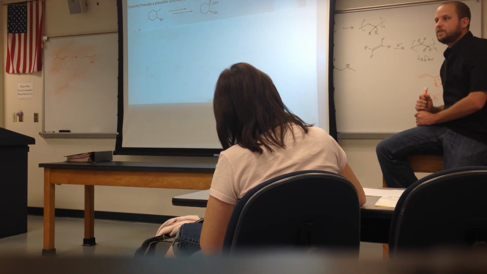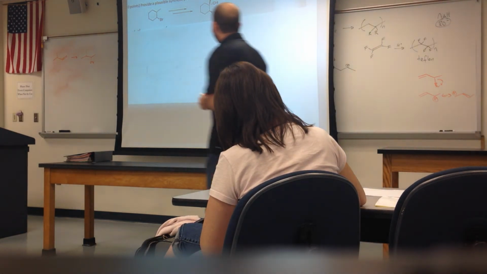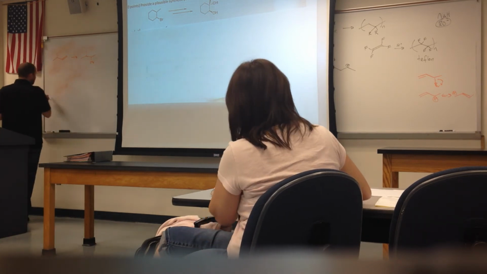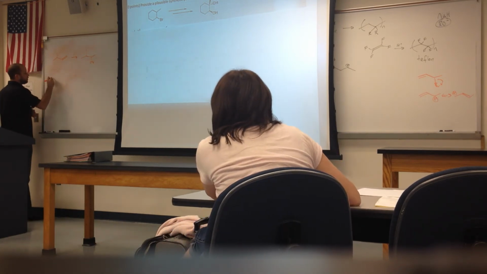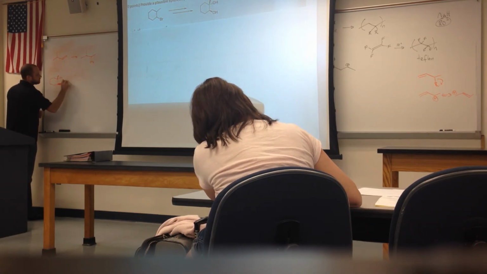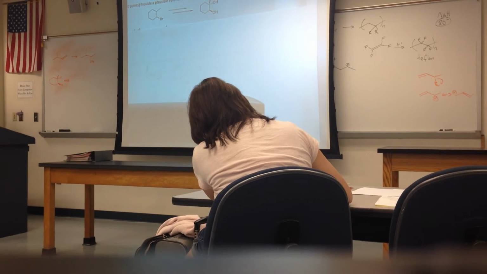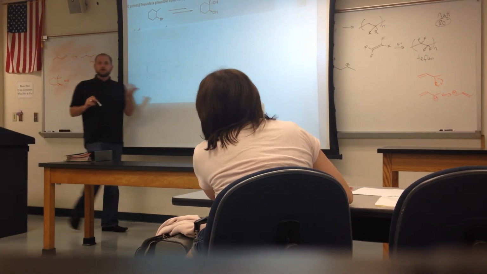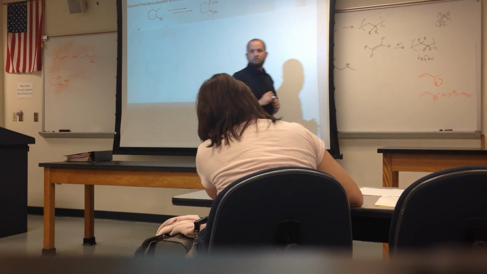How are we going to do it? Well, a lot of times with synthesis problems, it's better to work backwards. And to tell people that you're moving backwards, you use a retrosynthetic arrow, which looks like the following. Instead of a single line, you have two lines. This tells people you're not moving forward, you're moving backwards.